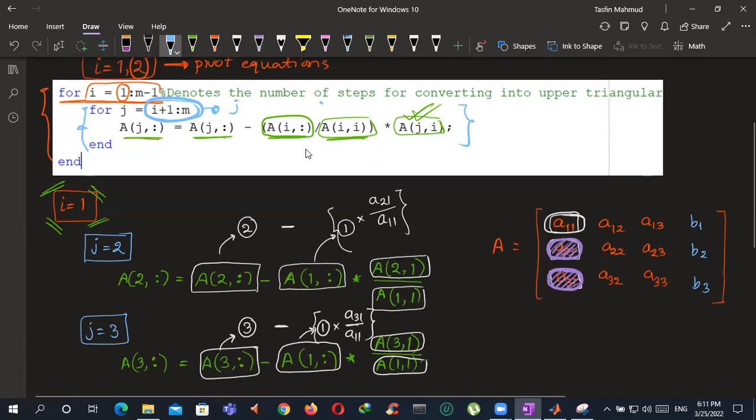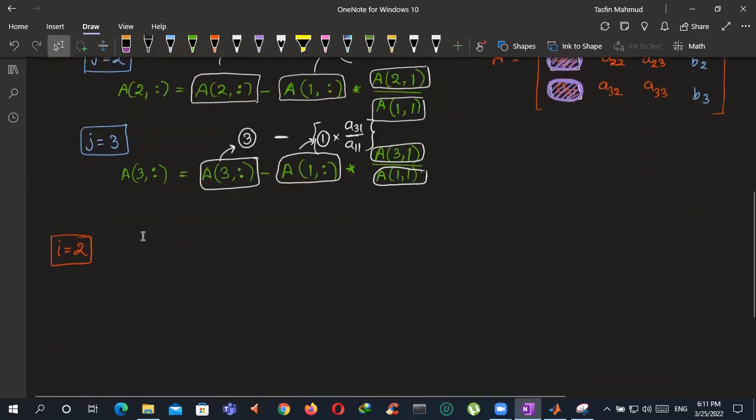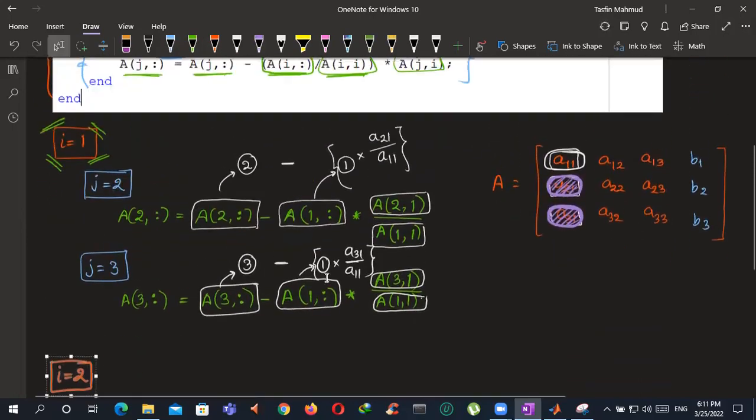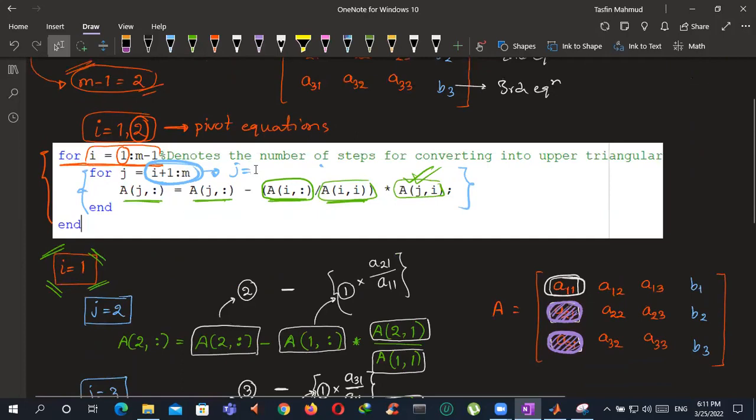The value of j is I plus 1 up to m. As I is now 2, I plus 1 means 2 plus 1. It means 3 up to m. The value of m is 3 also. So 3 to 3. So j will iterate once, and the value of j would be 3.